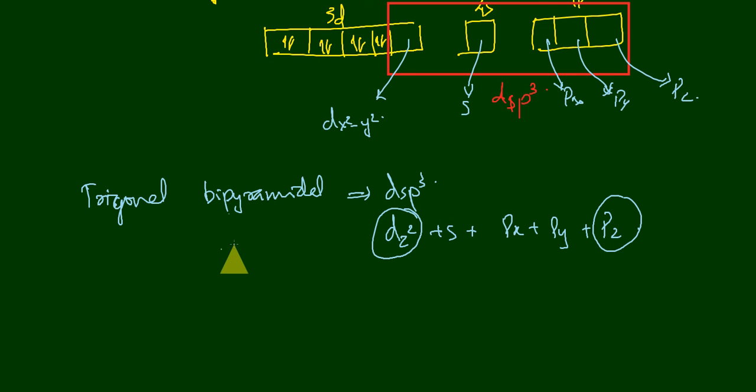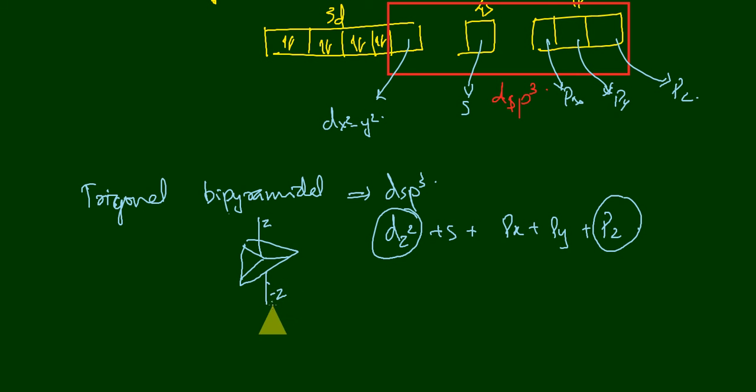And there we saw the structure of the molecule. There we had three bonds in the xy plane, and two bonds were perpendicular to this xy plane, in the plus z and minus z direction.